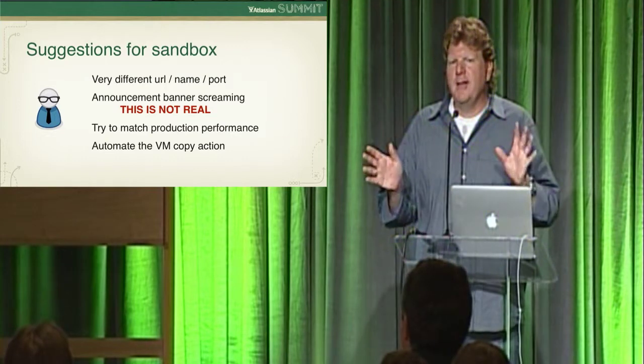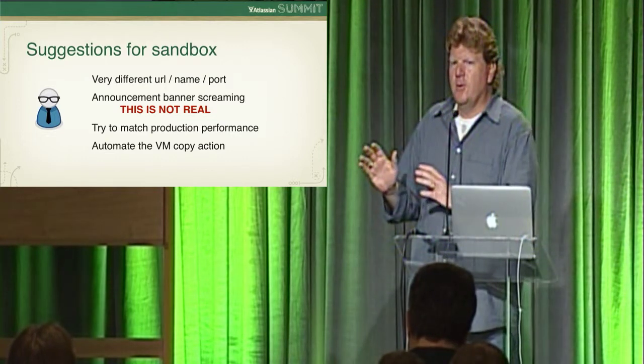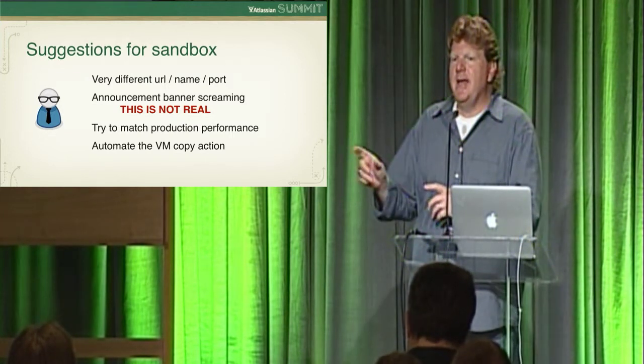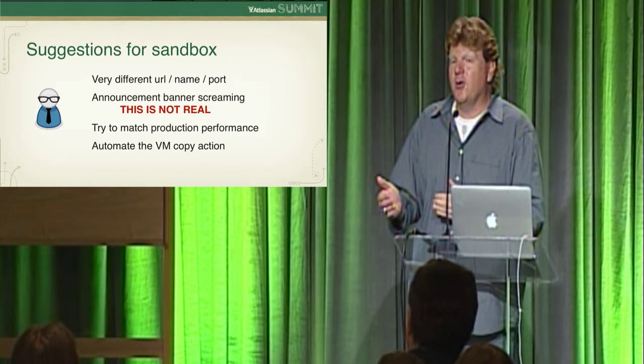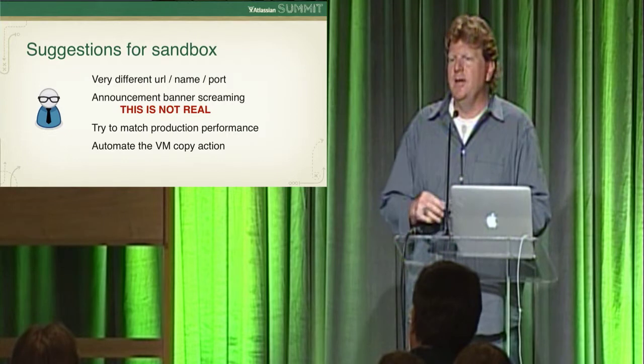So bring back the blink tag or put it in red, whatever you have to do, but let the users know you're in a parallel dimension production. You might even put the date that it was created in there, so if they're looking for particular content, they know that if that content was created after this date, it's not going to be there.